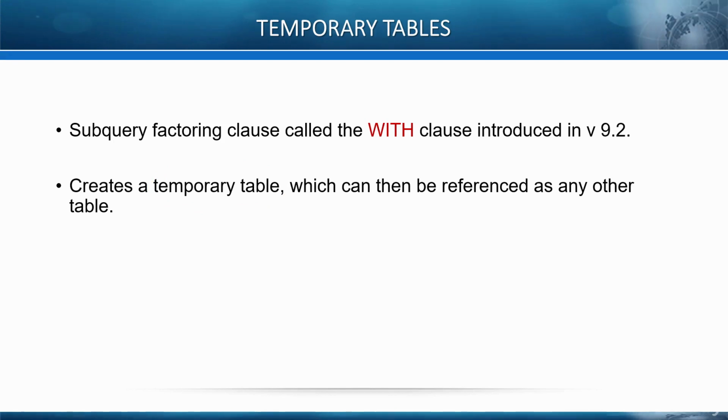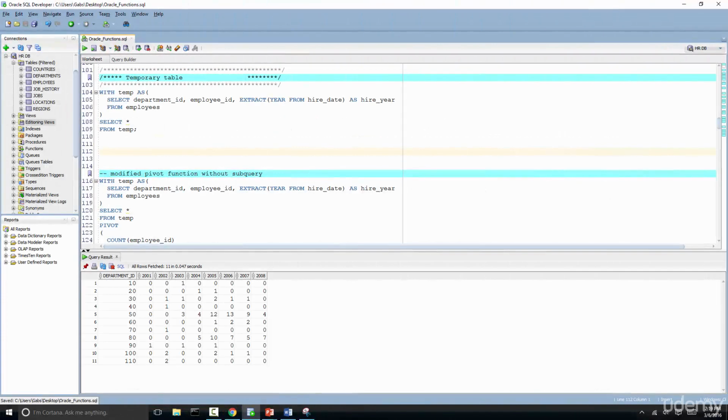The whole purpose of using this with clause is to simplify the complexity of your queries, and sometimes it works best when you are trying to work with a lot of aggregate functions within queries. So you can actually query the result of an aggregate function within the same SQL statement. Let's turn over to SQL Developer and I'll demonstrate exactly what the with clause would do within your pivot operator.